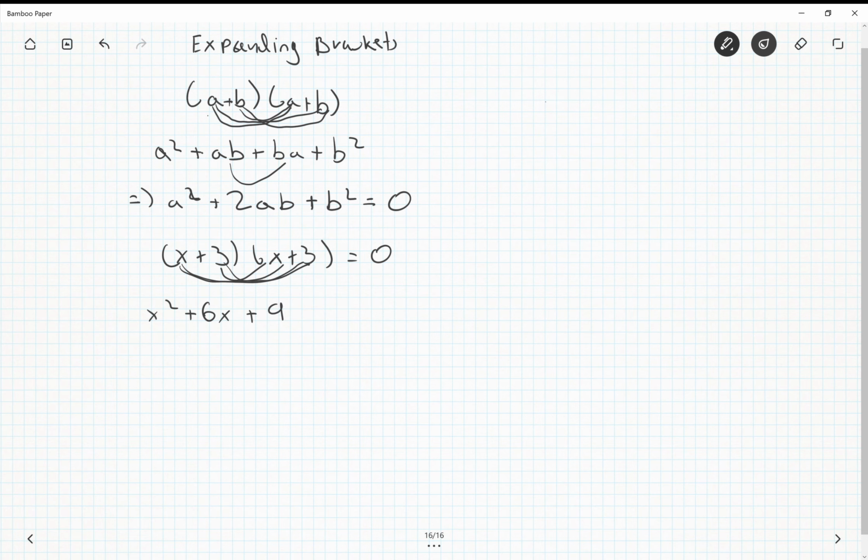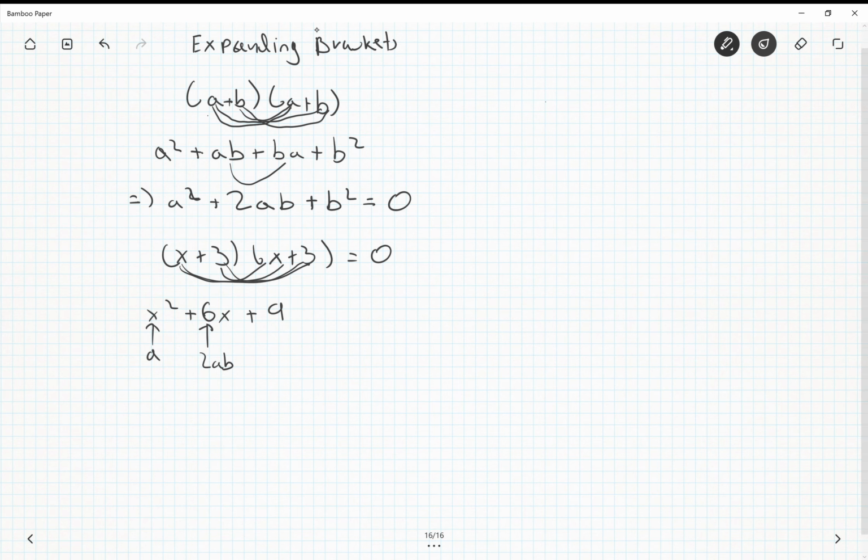So it fits the format a squared, where x equals a. 6 would be 2ab, since a and b are actually the same. That's why it's 6x. So it would naturally be 3x times 2.